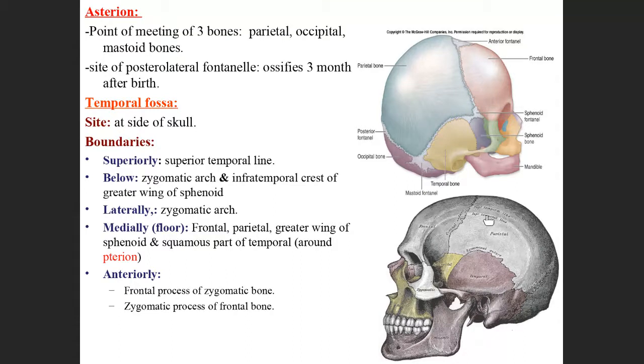And then below, what is below? The zygomatic arch and the infratemporal crest of the greater wing of the sphenoid bone. So this one from here. This is superiorly and then below. Below is the sphenoid bone and the zygomatic. Here is the zygomatic where I am telling. Now this area. Okay.